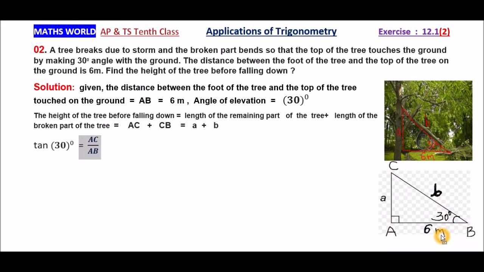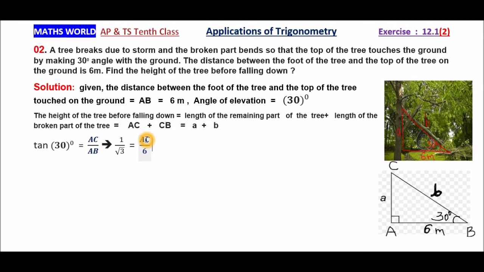That is equal to tan 30 degrees equals AC by AB. What is the value of tan 30? We know that tan 30 is 1 by root 3. So 1 by root 3 is equal to, what is the value of AC? It is not given. As it is, you write AC divided by AB is given. AB is 6 meters. So 1 by root 3 is equal to AC by 6.